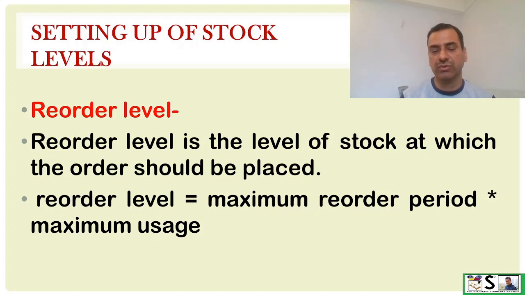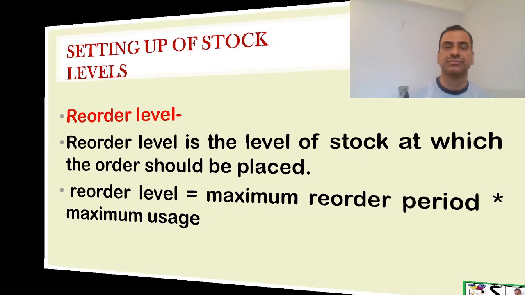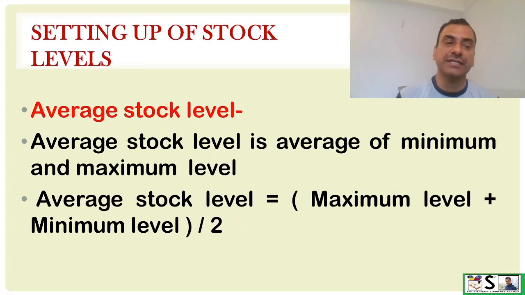Reorder level is equal to maximum reorder period multiplied by maximum usage. Then average stock level. Average stock level is the average of minimum and maximum level. Average stock level equals maximum level plus minimum level divided by 2. So these levels should be maintained for each and every article.